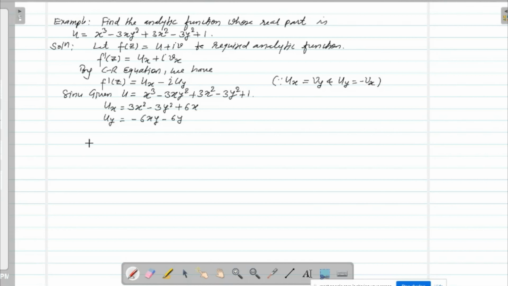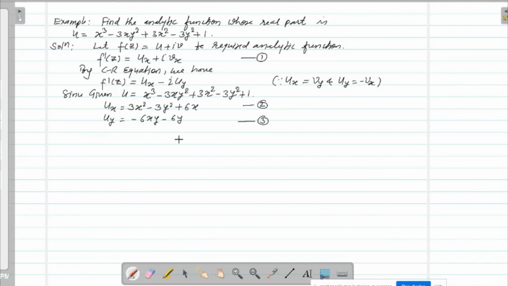Name this equation number 1, and these equations 2 and 3.